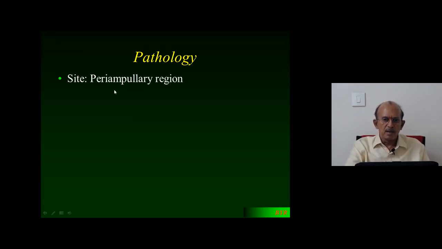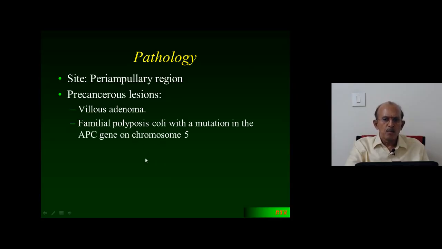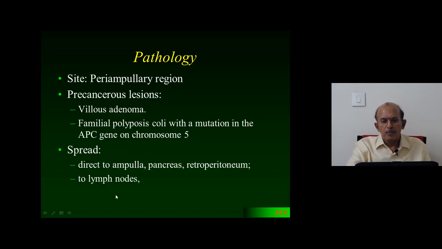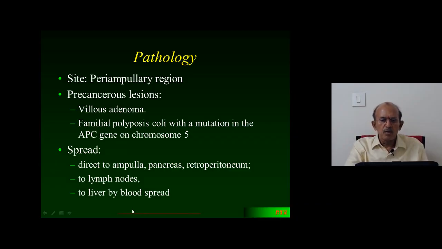The common site of origin is periampullary carcinoma. The precancerous lesions are villous adenoma and familial polyposis coli. It spreads directly to the ampulla, pancreas, or retroperitoneum, to the local lymph nodes, and to the liver by blood spread.